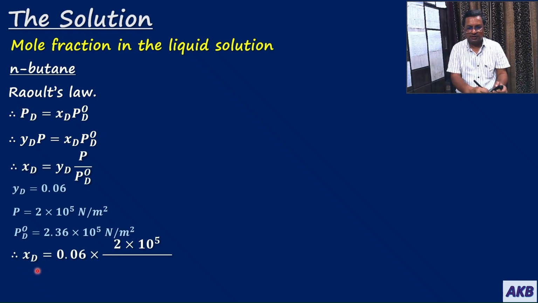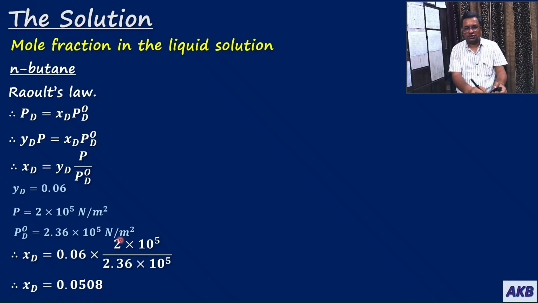So therefore XD will be equal to 0.06 into 2 into 10 to the power 5 divided by 2.36 into 10 to the power 5. That gives us XD as 0.0508. So the mole fraction of N-butane in the liquid solution at equilibrium is 0.0508.